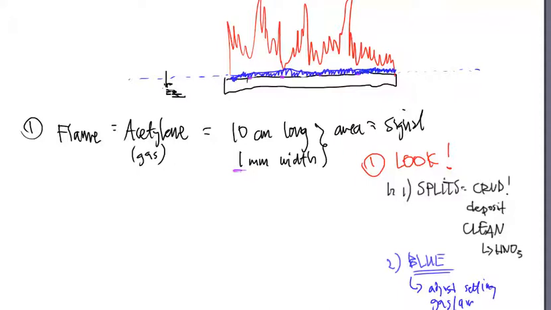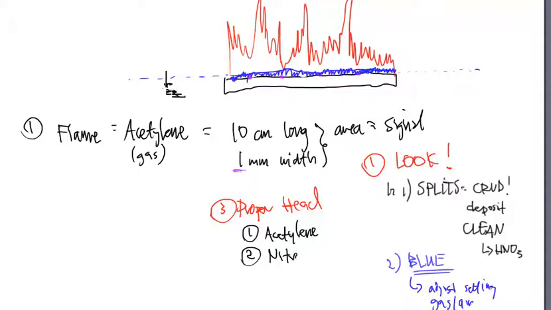Number 3 is you want to make sure that you have the proper head installed. Now, there's 2 different types of gases mainly that we can use for the AA. We'll get to those in just a second, but one of those is acetylene and the other one is nitrous. Each one of these requires its own burner.